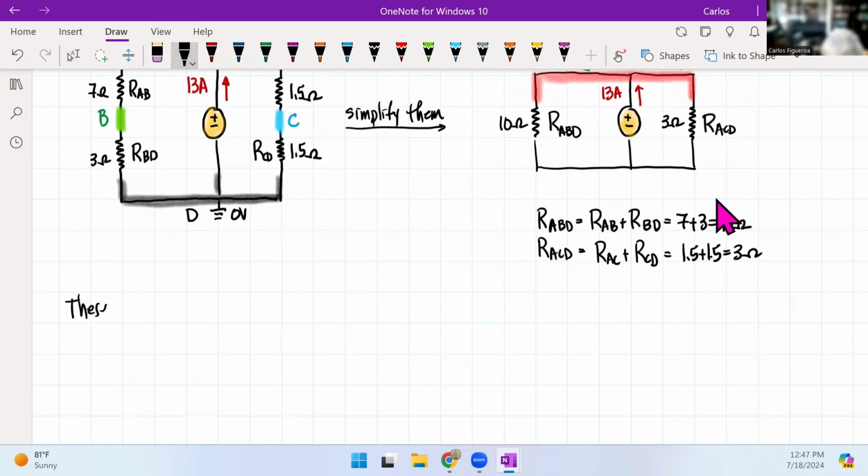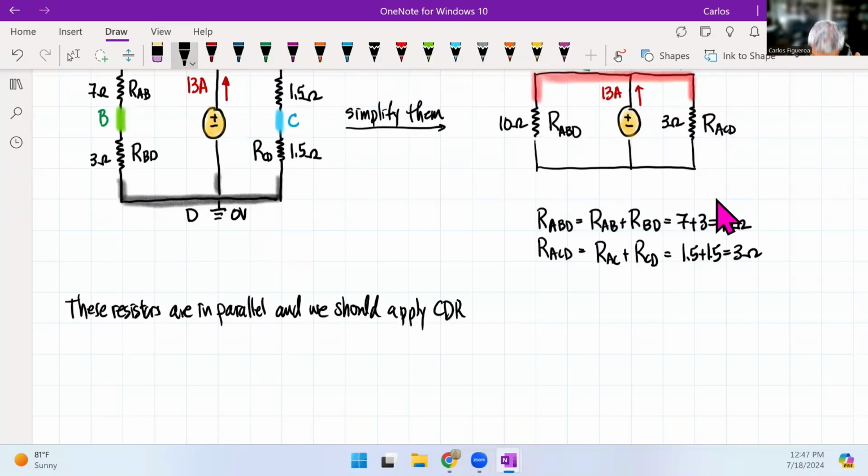These resistors are in parallel, and we should apply CDR to calculate those currents.